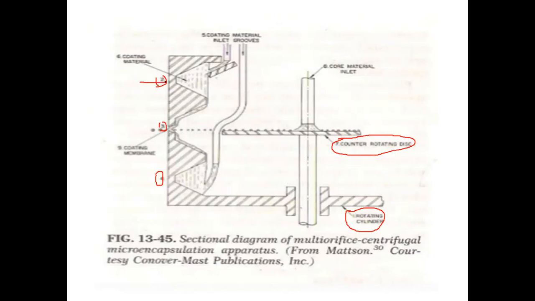So here, groove number 2 and groove number 4 contain coating materials, which are coming from these two tubes, the coating inlet. Here we can see this one for groove number 4, and this is our coating membrane.